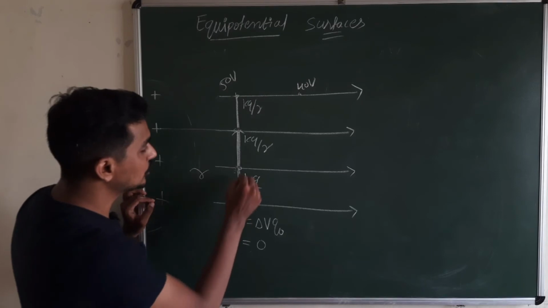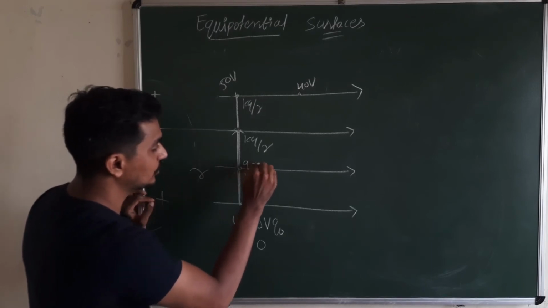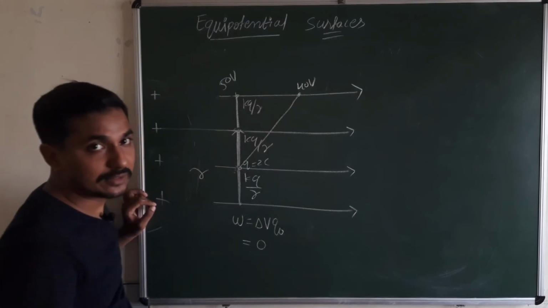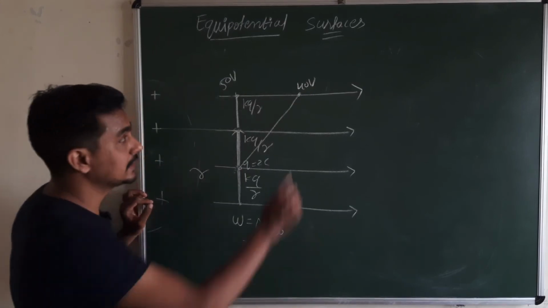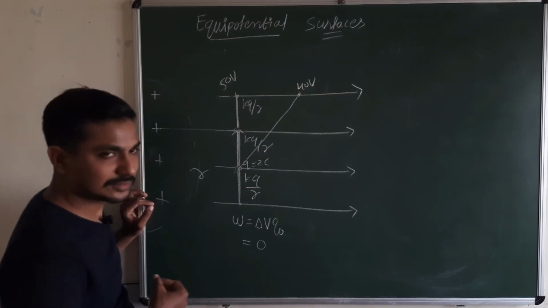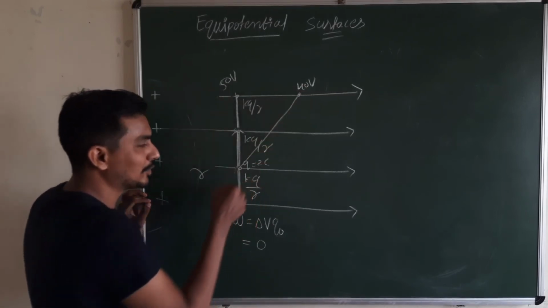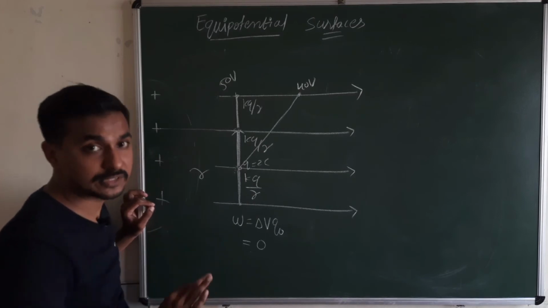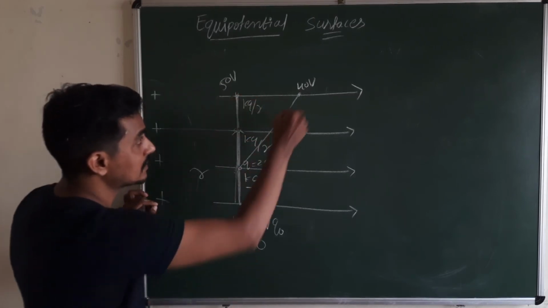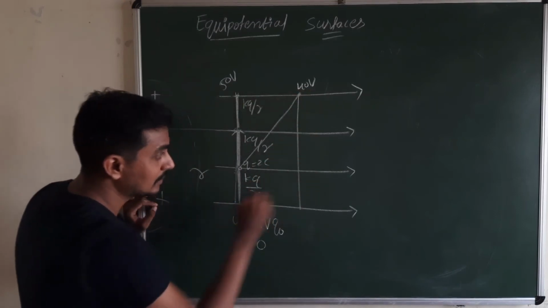Now suppose I want to move a charge of 2 coulomb from this point to this point. What is the work done in this particular situation? What you will do is find this hypotenuse, and that's a very big mistake. See, this is an equipotential surface, and this is also an equipotential surface.